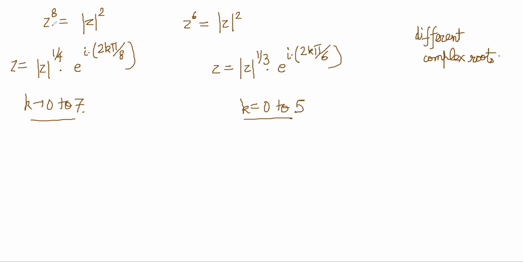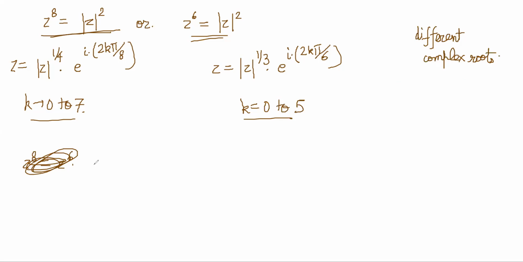Wait, this one, okay, this is very obvious because take mod on both sides, you will get basically that mod z is equal to 1, no? Something like that you will get. Basically, z8 is equal to z6, right? Oh, okay. No, it is either this or this, right? And we have to remove the common ones.